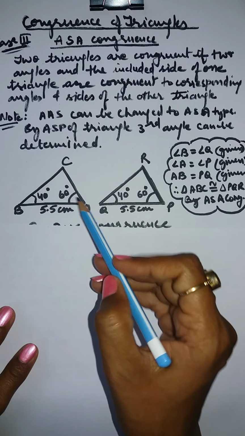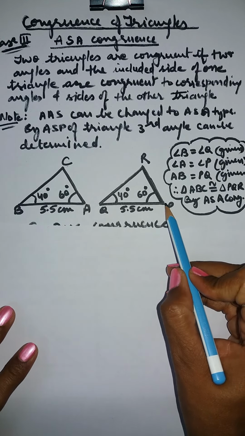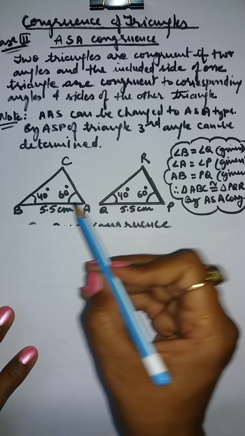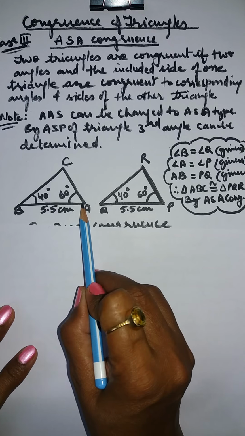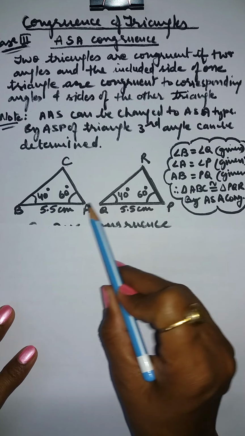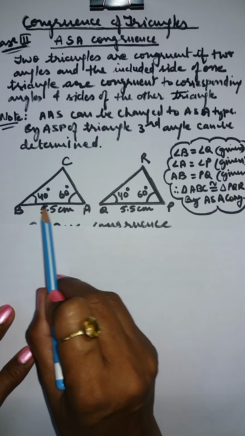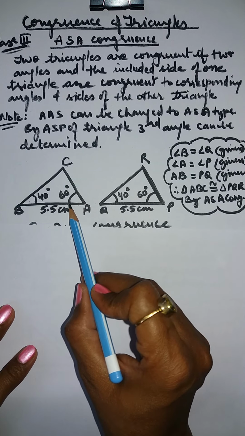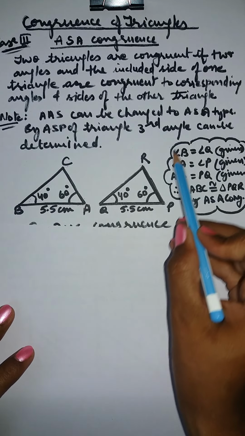For example, ABC triangle and PQR are the two triangles given here, where we can see 40-degree angle, included side AB and 60-degree angle are present in both the triangles. So they are congruent by angle, included side and angle. So ASA congruency is here, and this can be solved in this way.